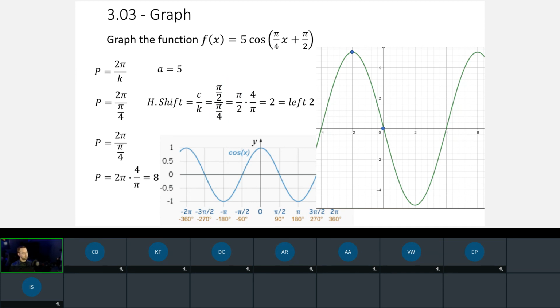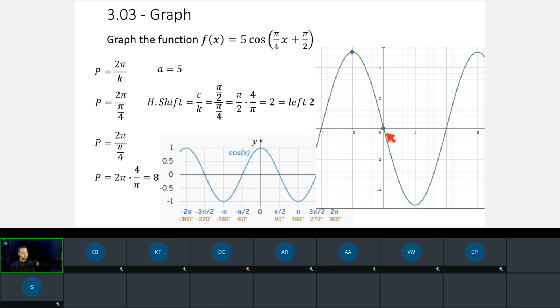Flip and multiply, and then that's how we get 2. And because this is a plus sign, it tells us it's to the left 2 units. If that was a negative sign right here, it would be to the right. But because it's a plus sign here, it tells us it's left.